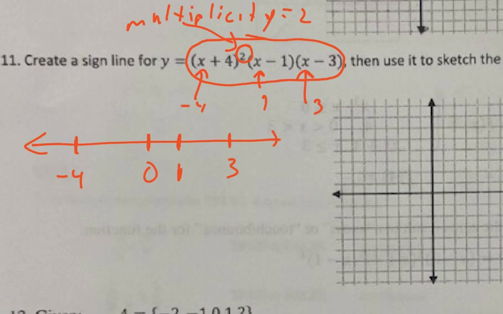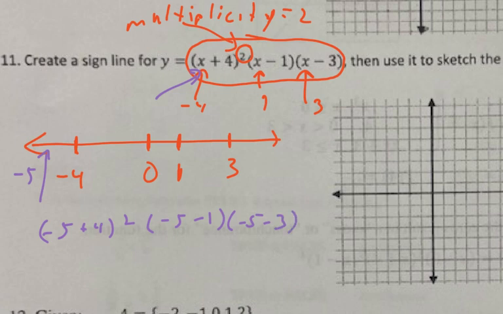So, anyways, what do we do next? Well, how about we pick a number that's left of -4, like -5, and plug it in here. So notice I'm going to plug in -5.